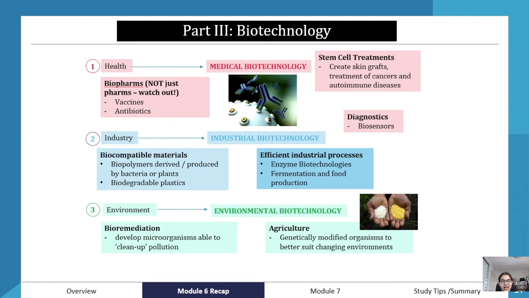That is something that is constantly being researched and improved. We also have the use of enzyme biotechnologies and processes like fermentation and food production that once again play a huge role in making industrial processes more efficient.